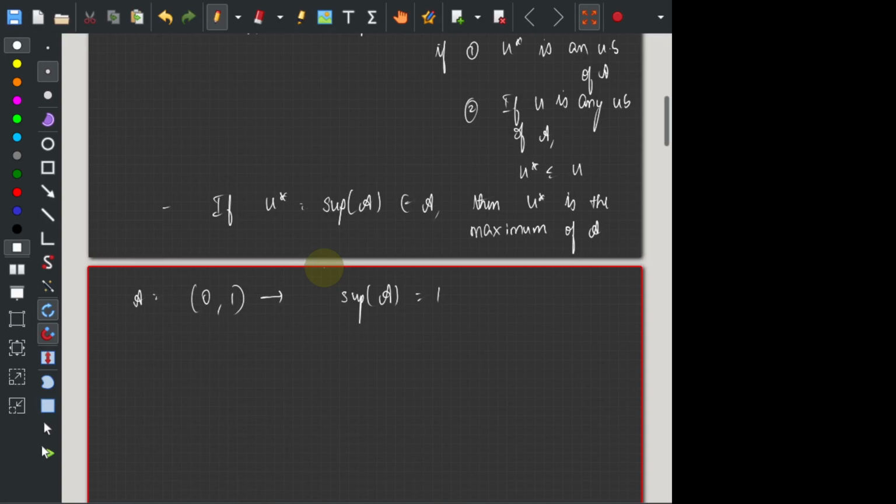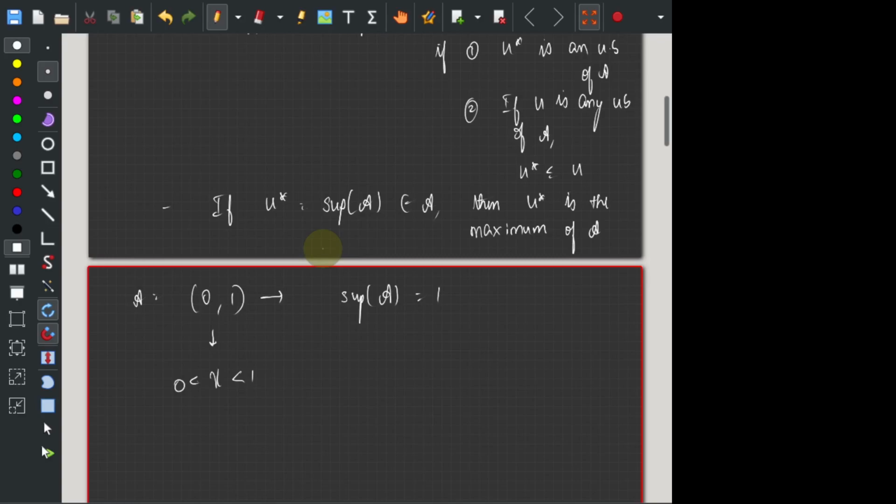U star is an upper bound because the way I've defined A, this is just the set of all real numbers X which is strictly greater than 0 and strictly less than 1, right? So just by this, X is always going to be less than 1, but it's also the smallest upper bound.